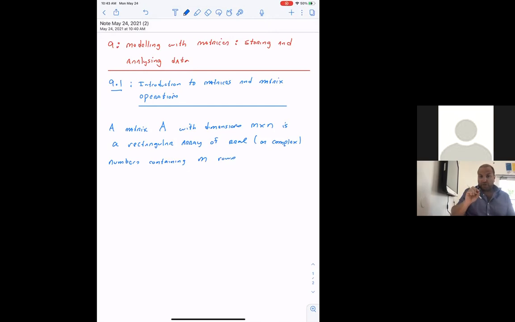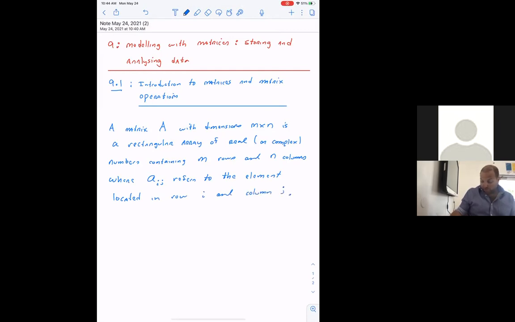So the first of the two dimensions, m by n, the first number, 3 by 4, 3 rows, m rows, and n columns, where lowercase a with subscripts i and j, a sub ij, refers to the elements located in row i and column j.